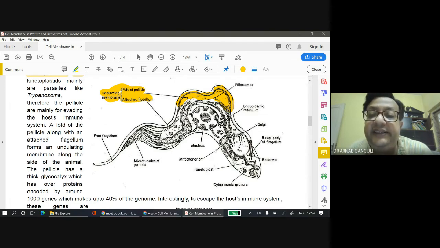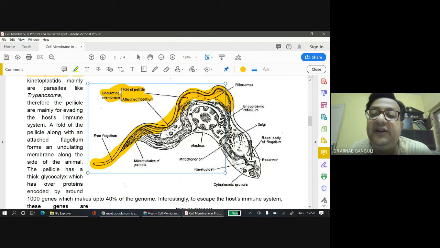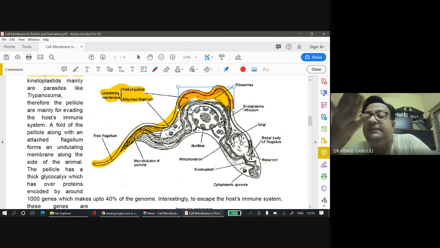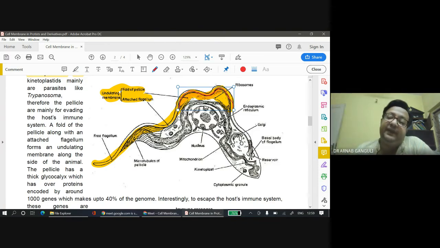It has got a flagellum. This is the flagellum which you see, this red line passing like this. The flagellum is attached. So this undulating membrane is a fold of the pellicle, and this is important for movement.